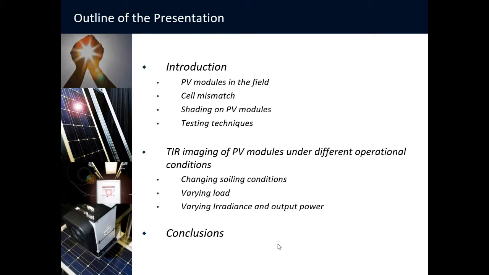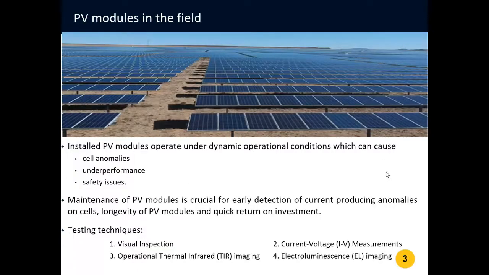PV modules installed in the field generate electrical power under dynamic operational conditions, which can result in cell current limiting anomalies that cause underperformance and safety issues on PV modules.